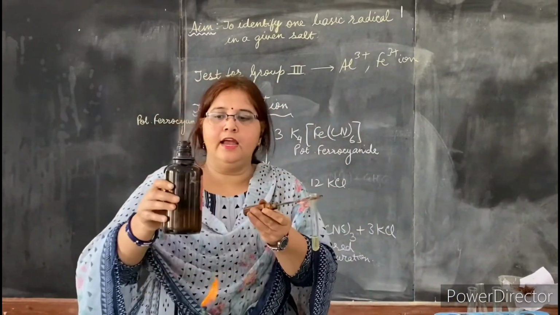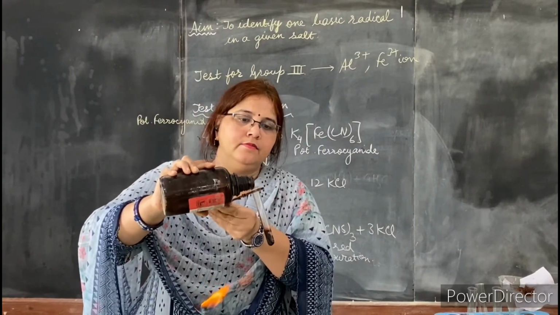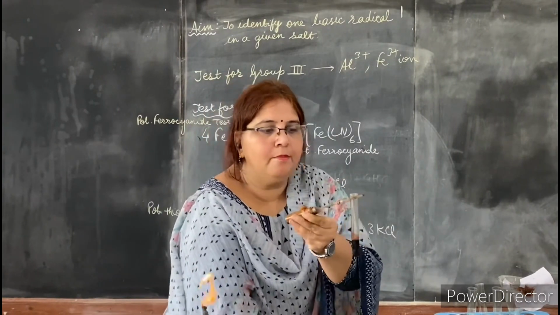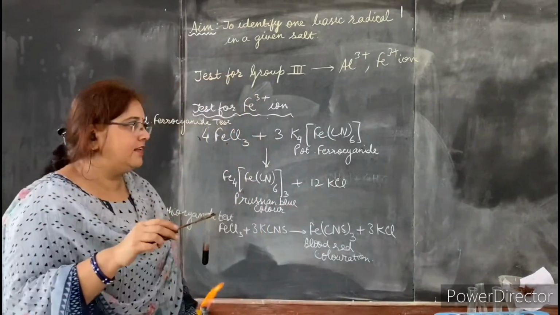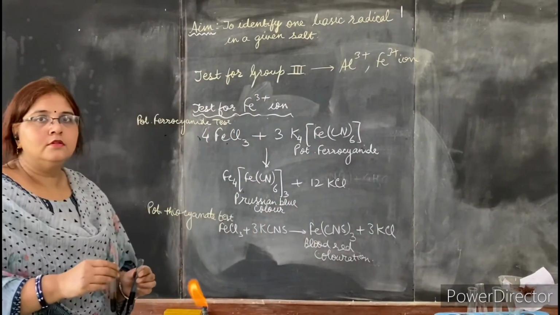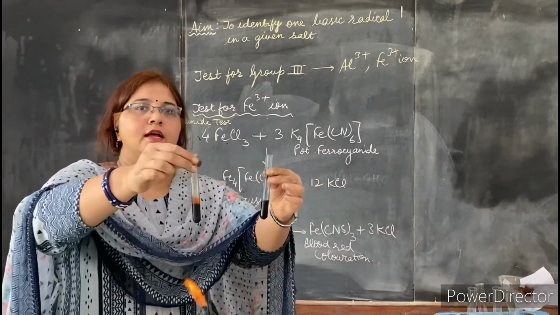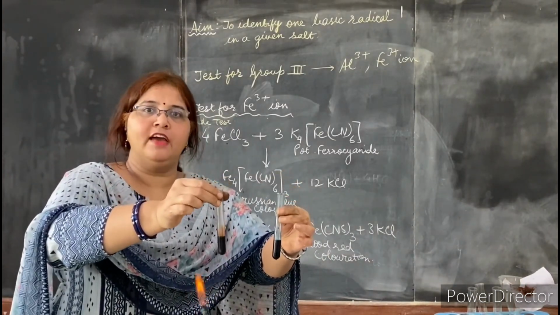You see, a blood red coloration is obtained. And these are the reactions involved in both of the tests. So you can see the two colors obtained for the confirmatory test of the ferric ion.